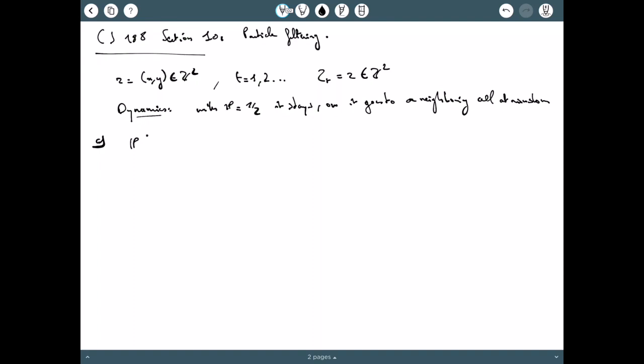So if you write it down, let's see what's the likelihood that we are at t plus 1 in a certain location, x prime, y prime, given that we were in another xy at the previous time step. Here we know that with probability 1/2 we can stay.